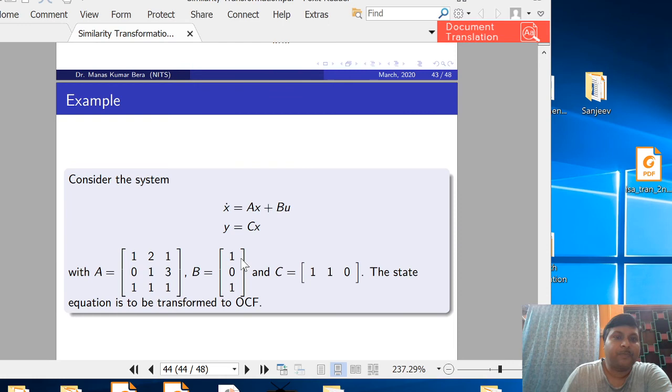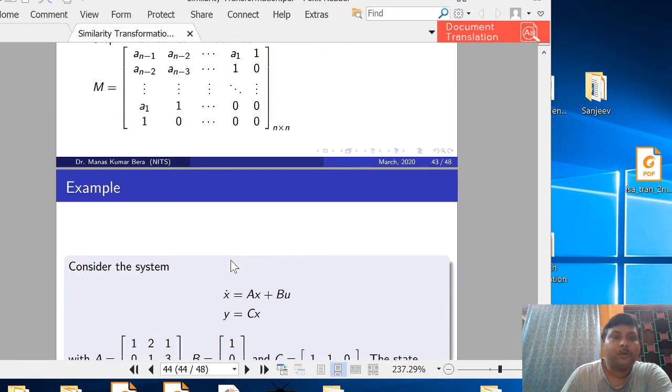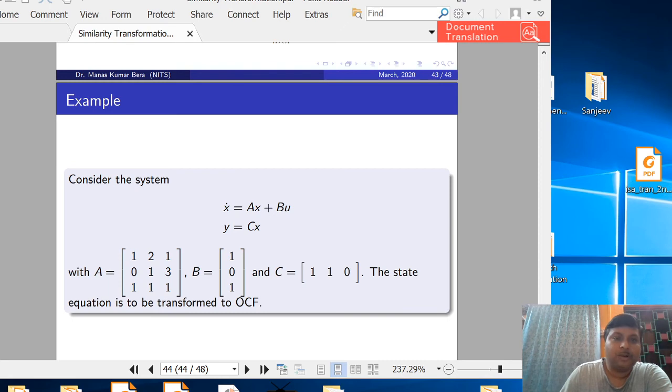And you see, the same thing we are going to do with an example. Suppose x dot equal to Ax plus Bu, y equal to Cx. A, you see, is not in observer canonical form, B is 101 and C is 110. So now what is our job? The state equation is to be transformed to observer canonical form.